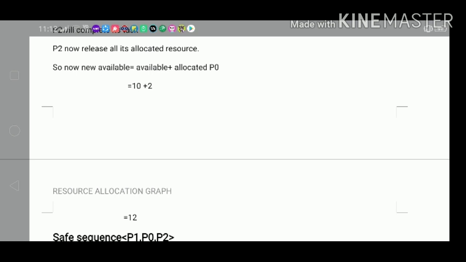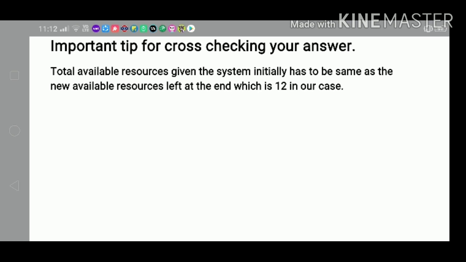Initially total resources in the system was 12. After allocating to two processes, how many were left is 3, and what we are getting at the end is again back to 12. So this is a very important tip for cross checking your answer.